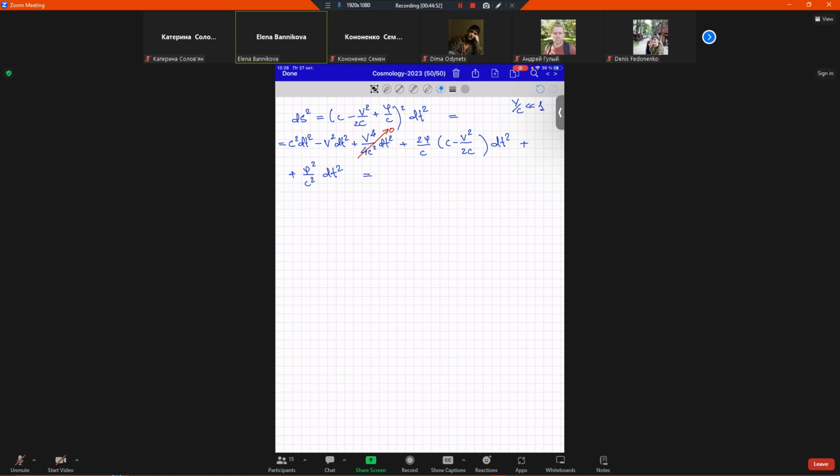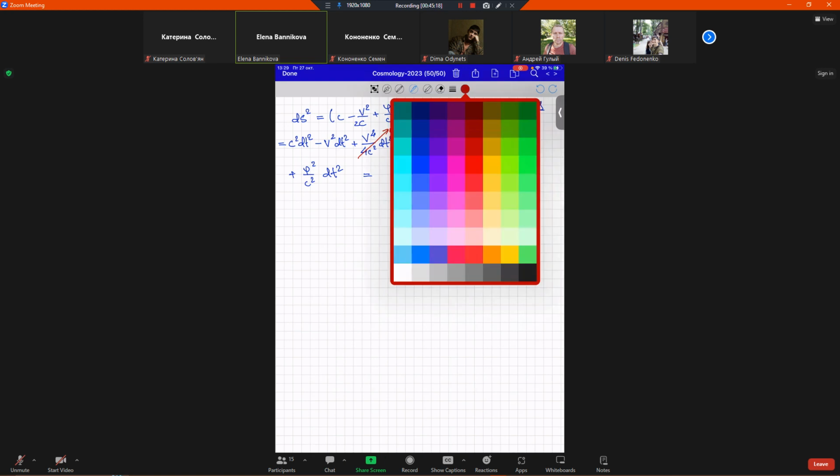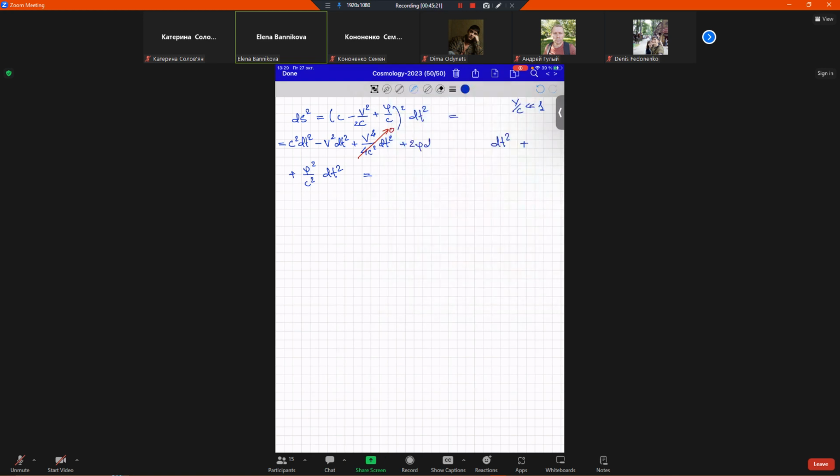Here it will be 2 phi dt squared. I rush, and I'm a little concerned that I can make a mistake, so please check what I write.